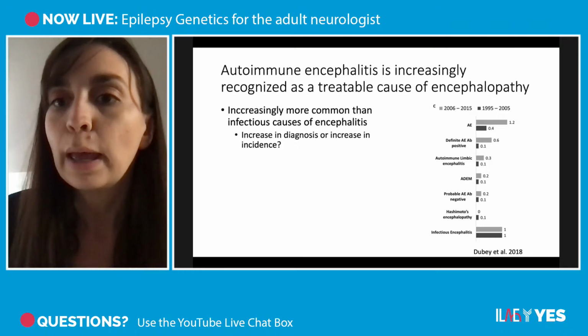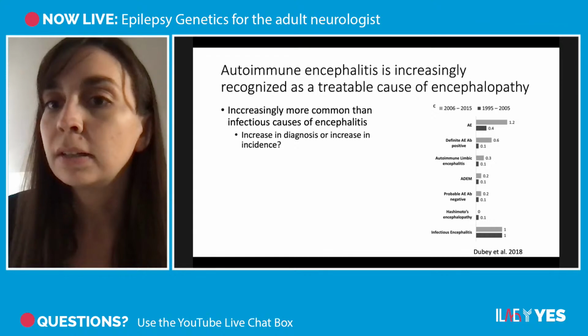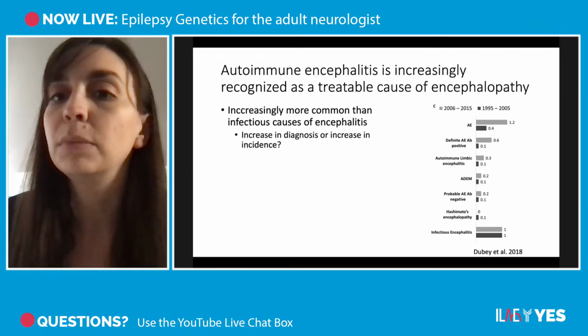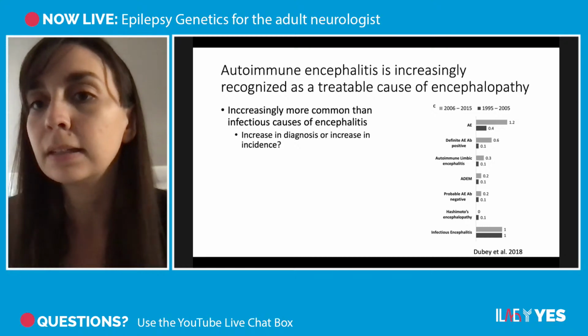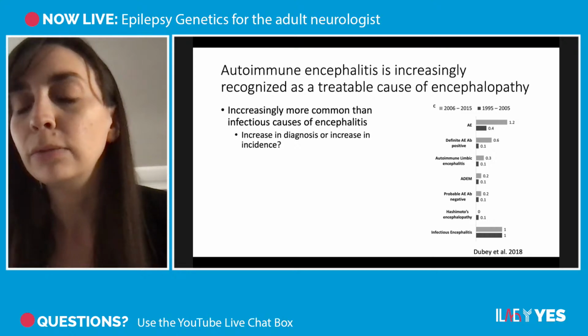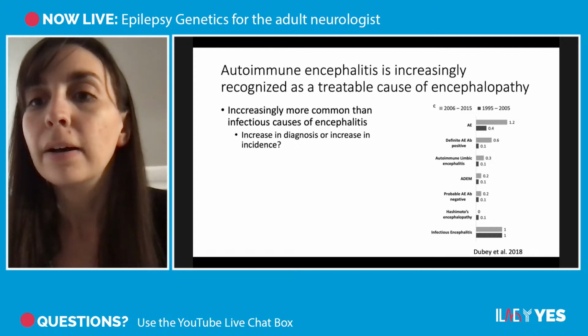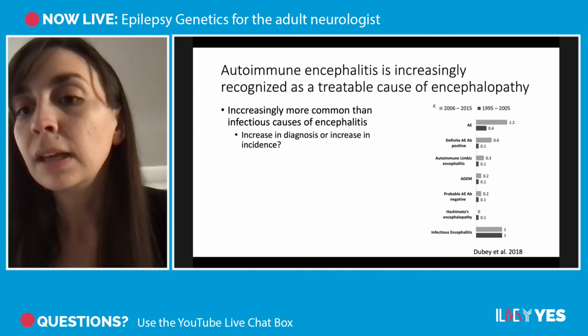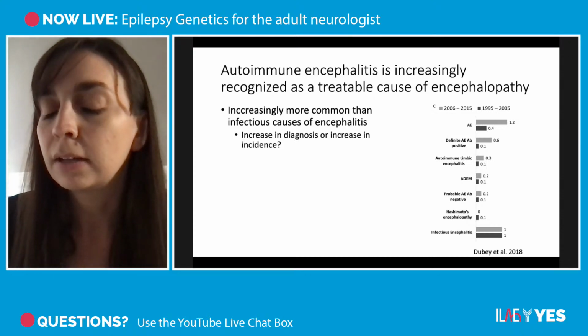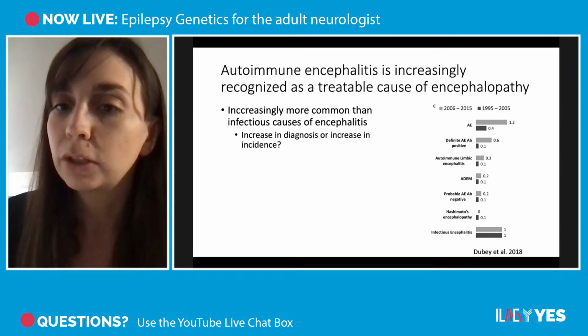It was demonstrated that in the last 10 years, and when I say last 10 years, I mean between 2006 and 2015, when you compare to the prior 10 years, 1995 to 2005, autoimmune encephalitis became a much more common cause of encephalitis compared to infectious causes.